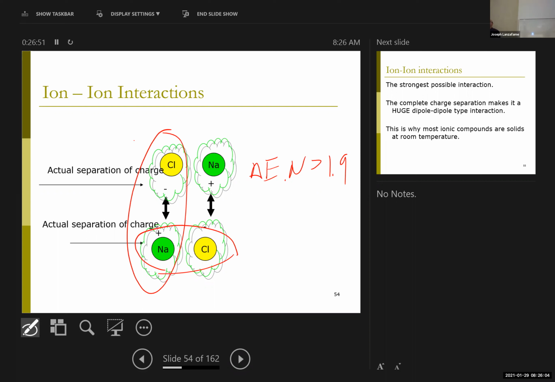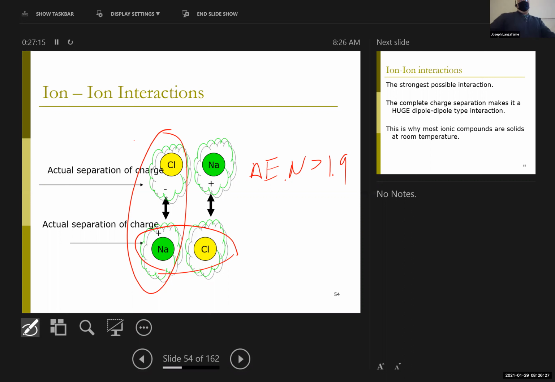The fact is it probably doesn't if the distance is the same, right? And so ionic intermolecular forces are incredibly strong. They're the same order of magnitude really as the ionic bond.